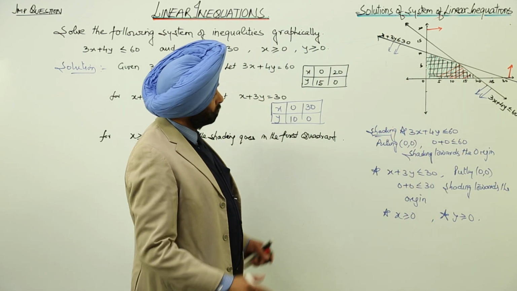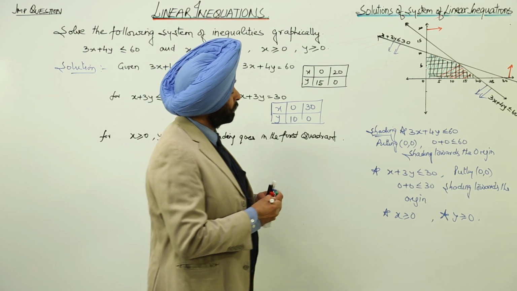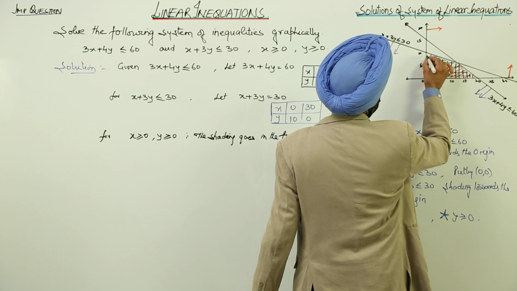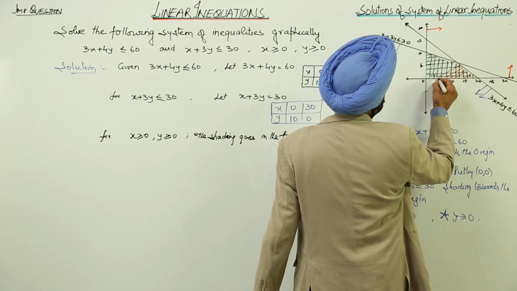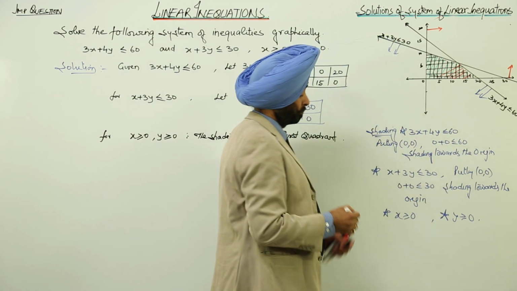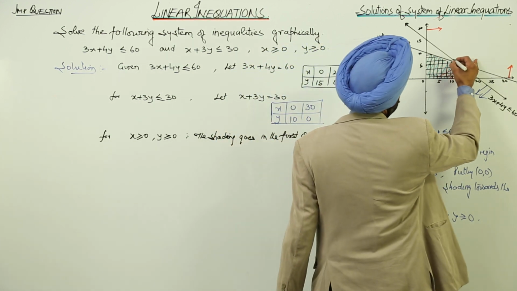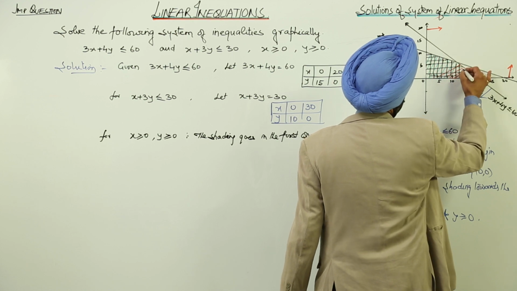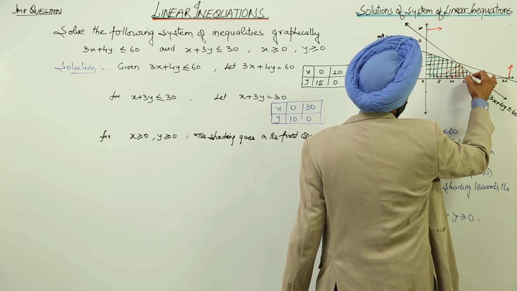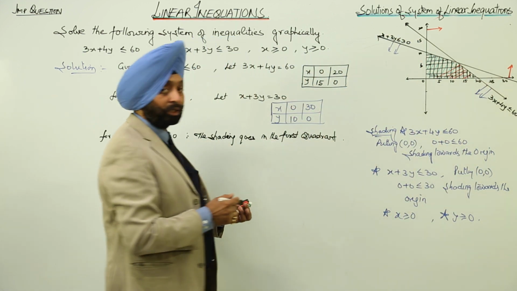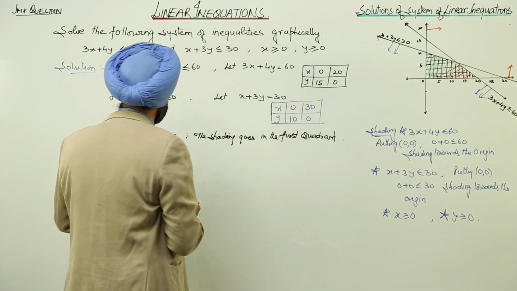So required shading portion is what? Starting from this line. Similarly for this part, we should touch the axis like this. Now this is the required shading area.